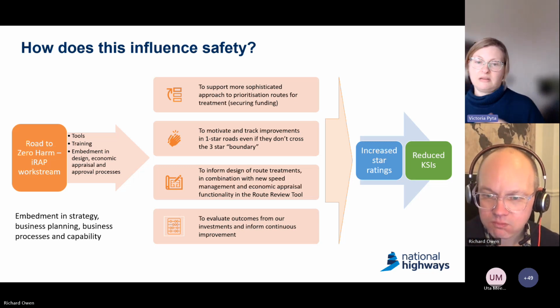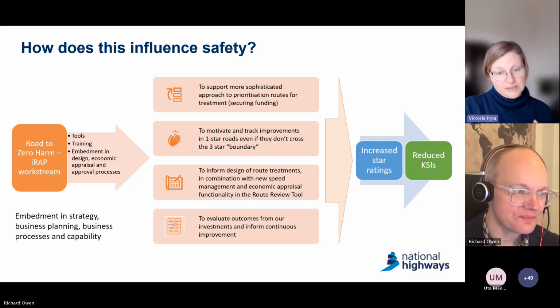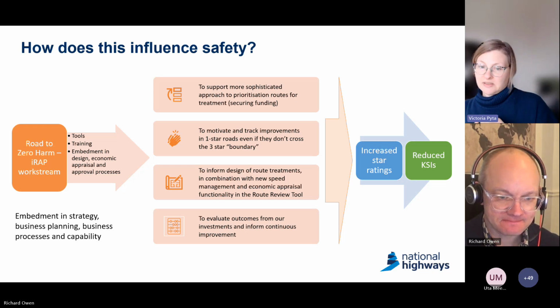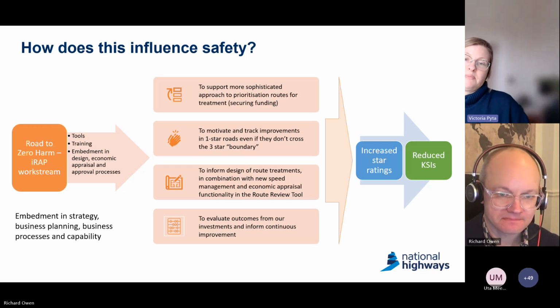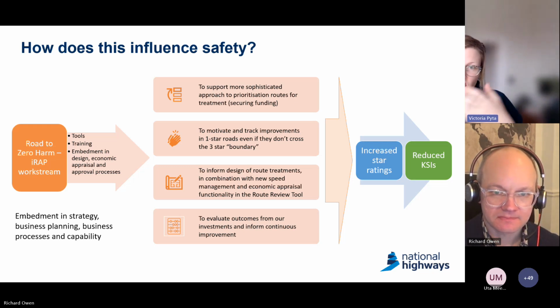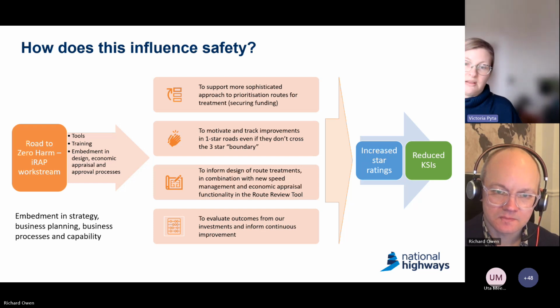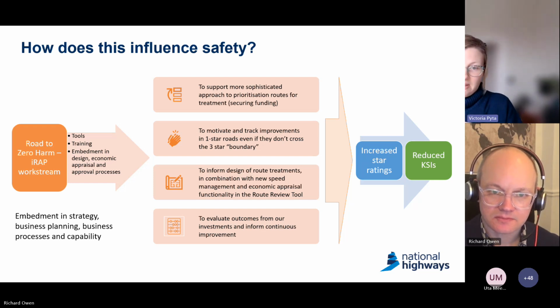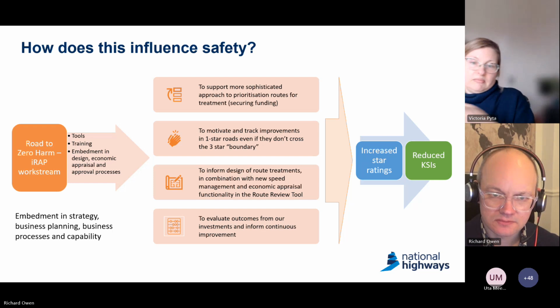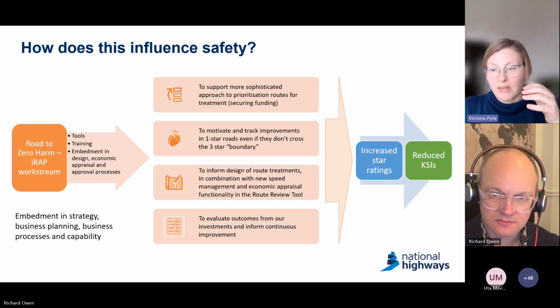We have to have it included in our strategy, in our business planning, in our business processes, and we have to uplift the capability of our engineers to be able to calculate those star ratings as part of developing schemes, so that when they put business cases together, it helps them to have their routes that they are looking to treat prioritized for funding.